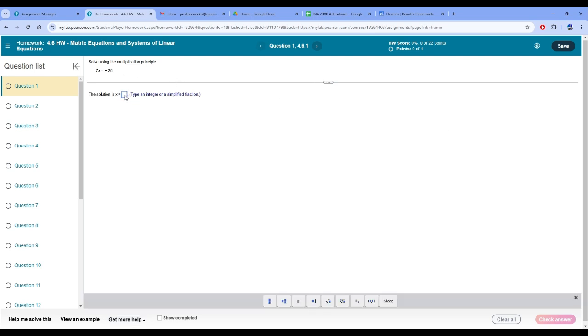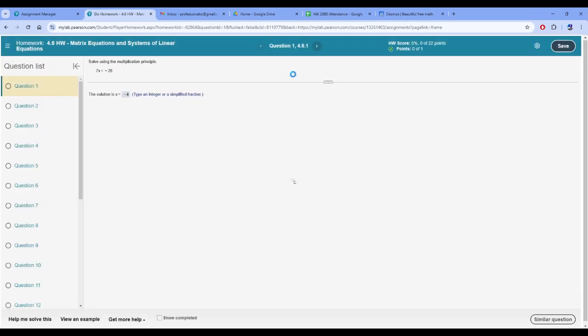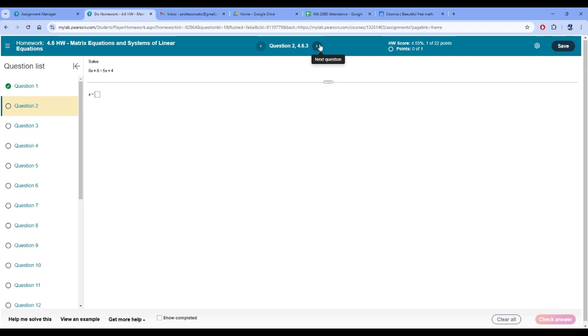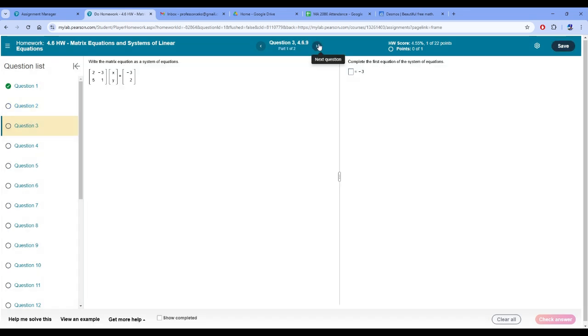Okay, this is -4. This should not be hard. I'm not going to do this one. This one is simple. You're just combining like terms, dividing for x. Now here I have 2, -3, 5, 1. So I complete the first system of equations.